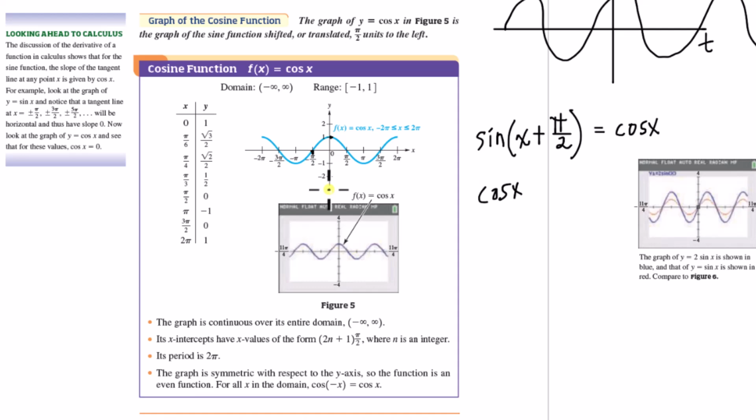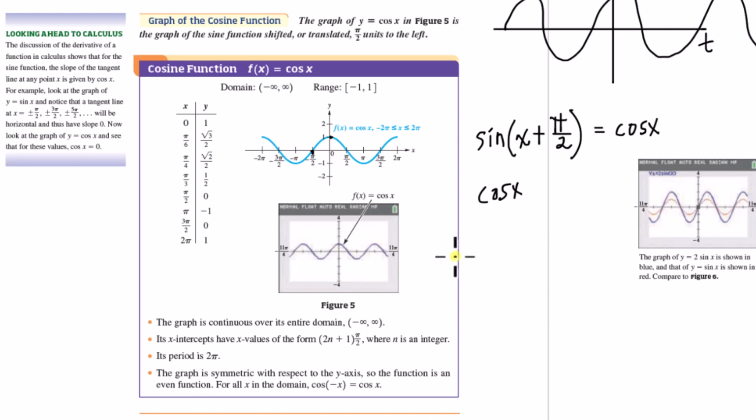So you can see you got pi over 2, minus pi over 2, then 3 pi over 2, minus 3 pi over 2, and that's shown here: 2n plus 1 times pi over 2, where n is any integer, positive or negative. Those are the x-intercepts. The period is 2 pi. You can see that's the smallest you can make an x interval to create a repeating pattern.